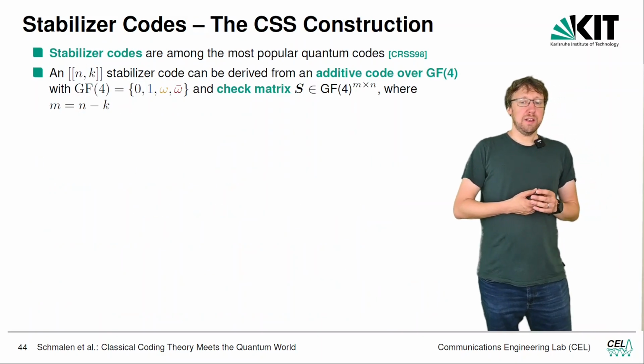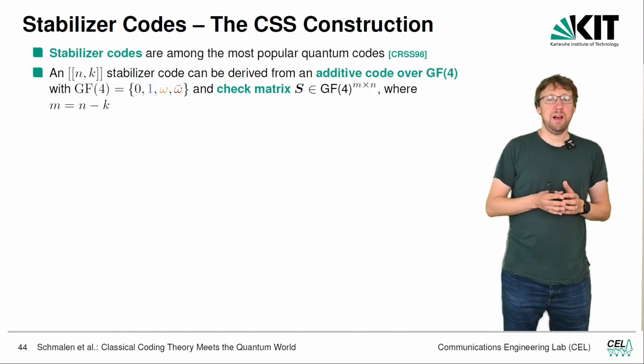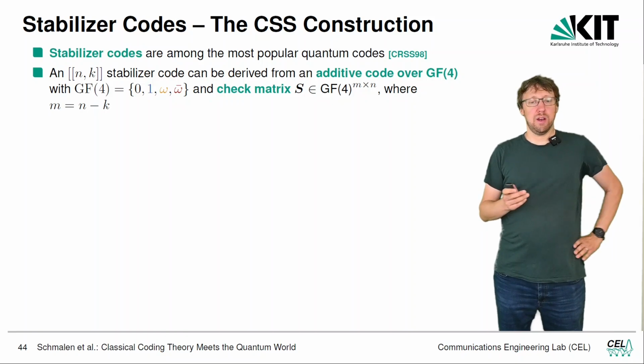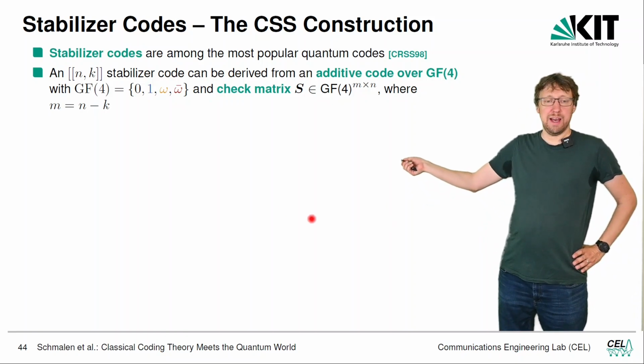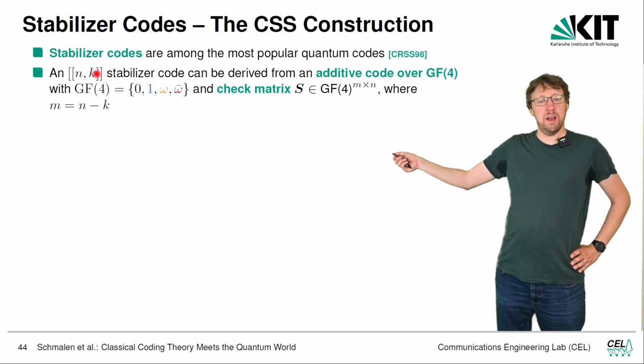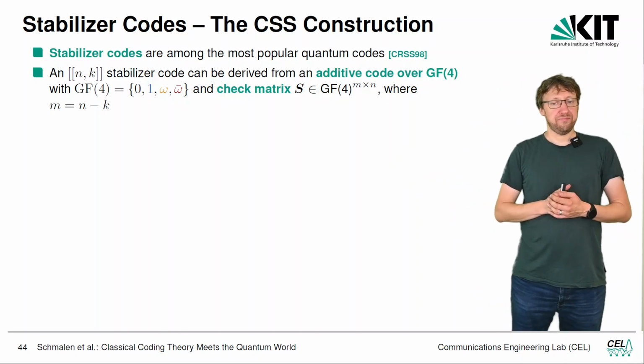So a stabilizer code is among the most popular quantum coding constructions, and the stabilizer code with parameters n and k, very similar to a classical code, has length n and k information qubits, and we use these double brackets to denote that they are quantum error correcting codes.